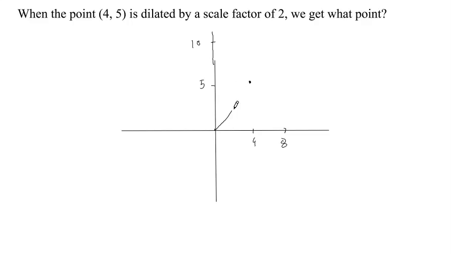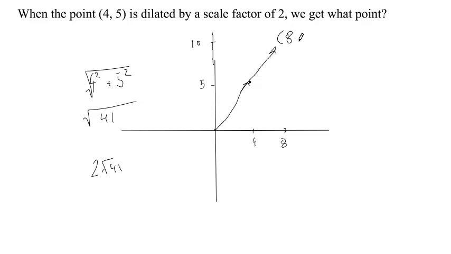The distance at this point, if you used the Pythagorean theorem, is 4 squared plus 5 squared, which gives square root of 41. From here to here, the distance is 2 root 41. So obviously it's double the distance. So we did it properly. Now we get the point (8, 10).